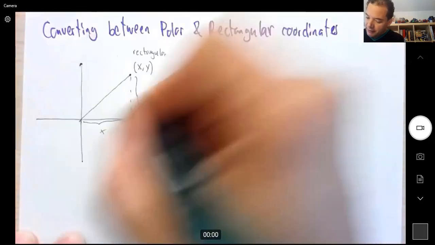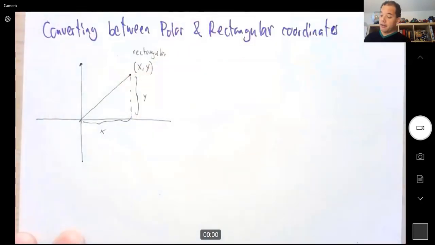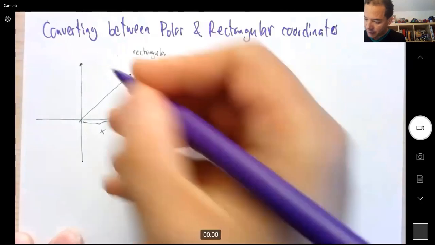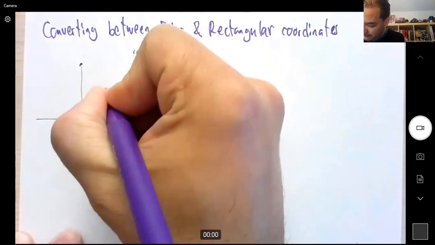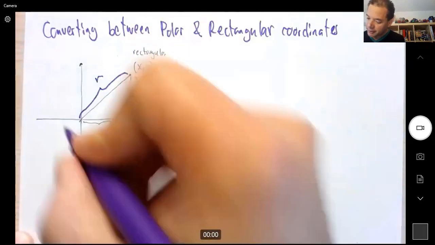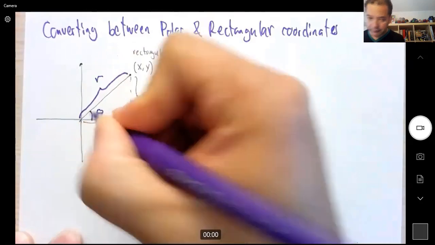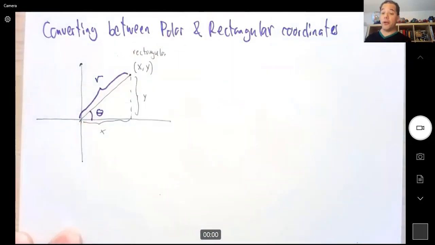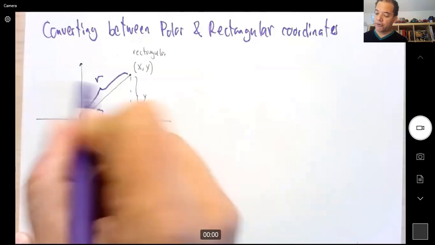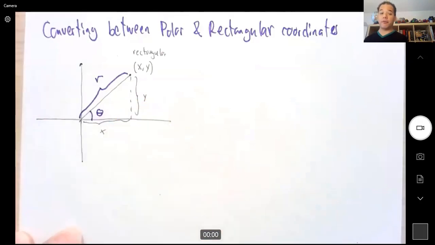So in polar coordinates, from here to here would be the radius. So this would be the radius. And this would be the angle, at least one way of writing it. We know we can go more turns, but this would be one possibility.